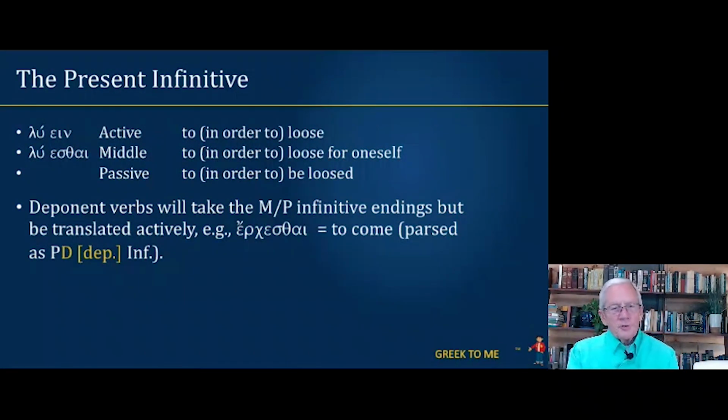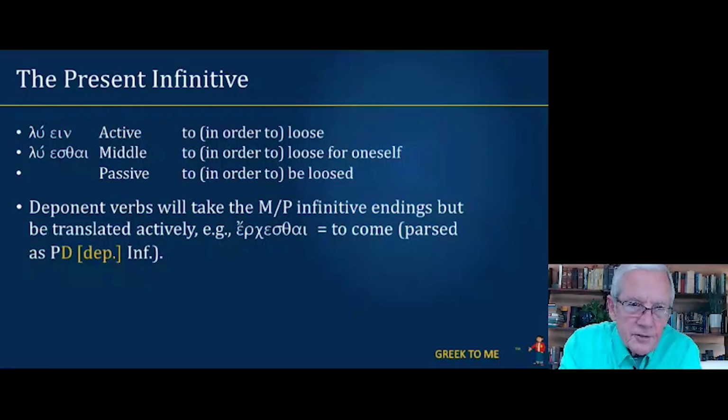Now, the present infinitive. We have two groups of endings here. We have luein is the active, to or in order to loose, and lueshtai, that's the middle passive, to or in order to loose for oneself, passive to or in order to be loosed. Now normally it's going to be translated as a passive.